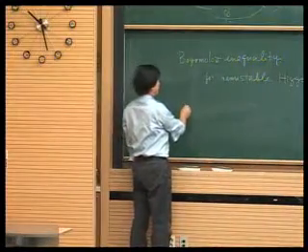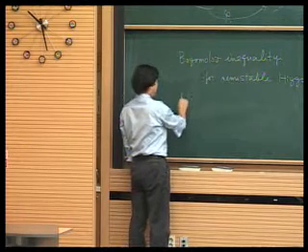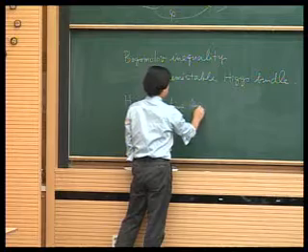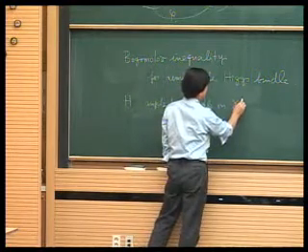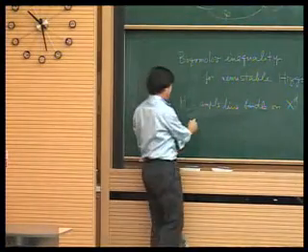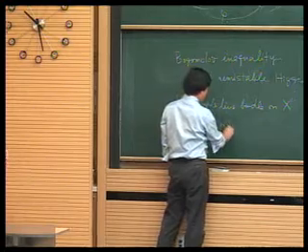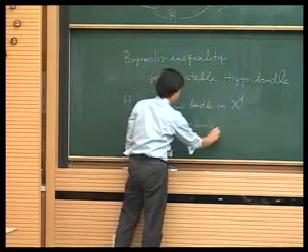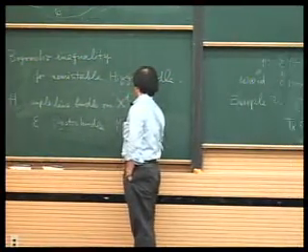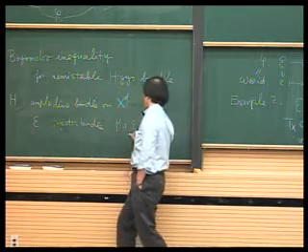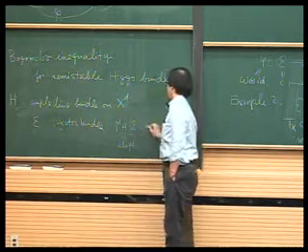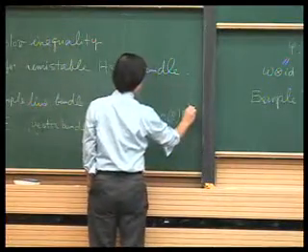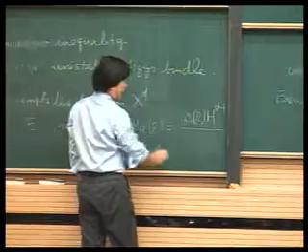Of course, semi-stability is defined like this: fix an ample line bundle H on X of dimension D. For a vector bundle E, mu of E, called the slope, is defined to be this rational number, c1(E) times H^(D-1), divided by the rank of E.